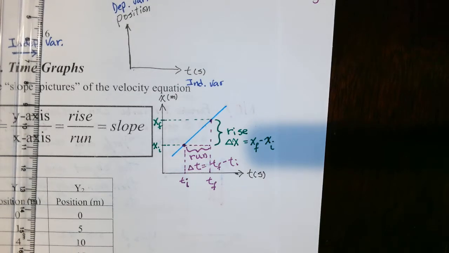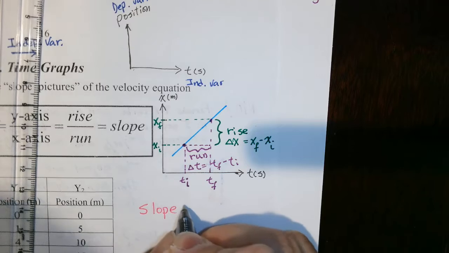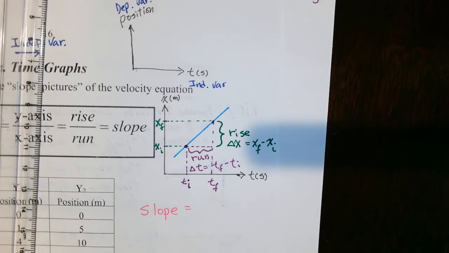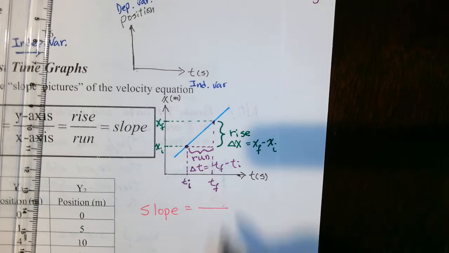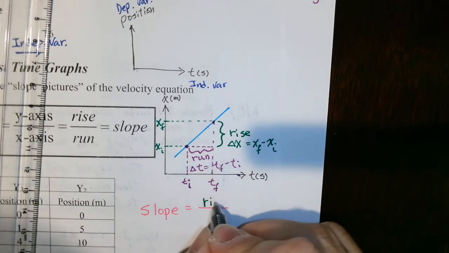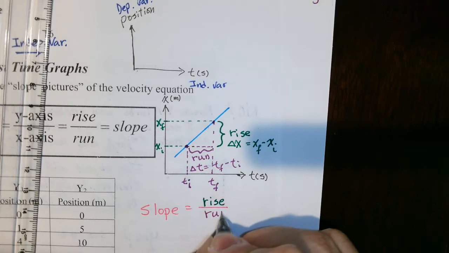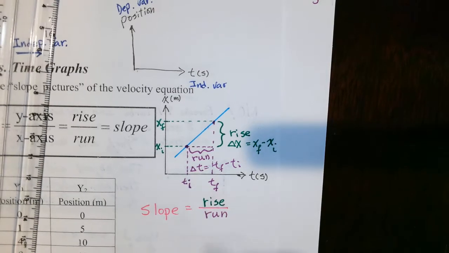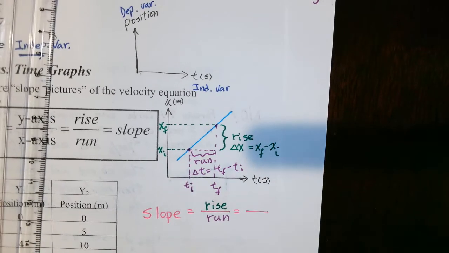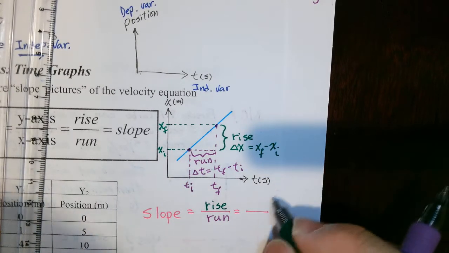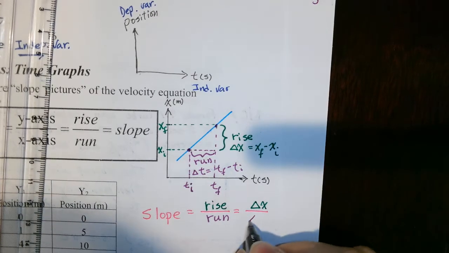And the slope is equal to basically the rise over run, or simply delta x over delta t.